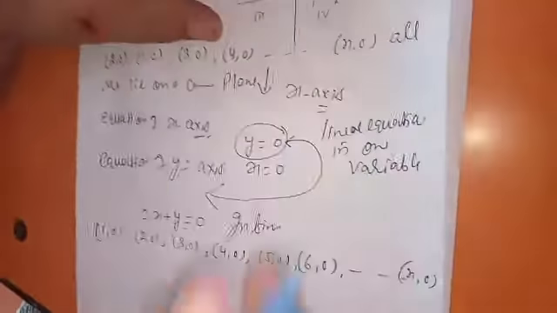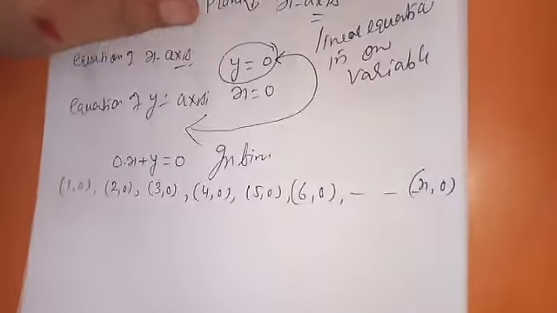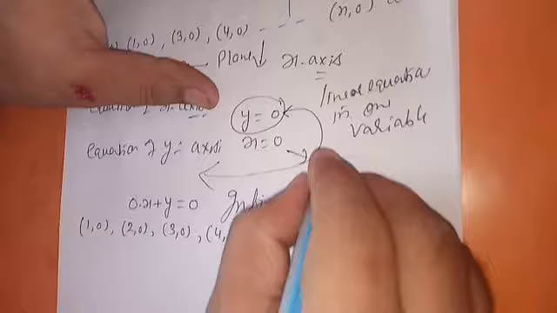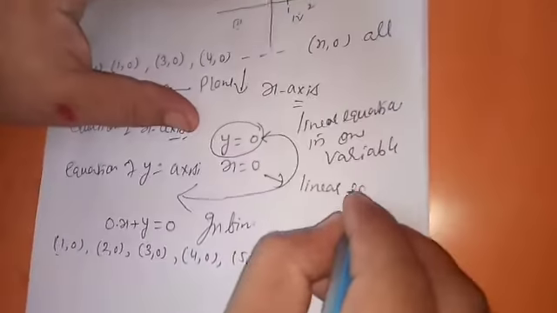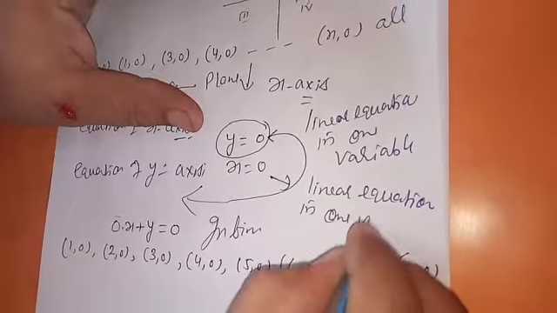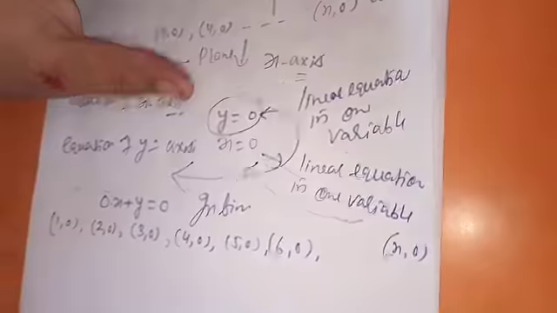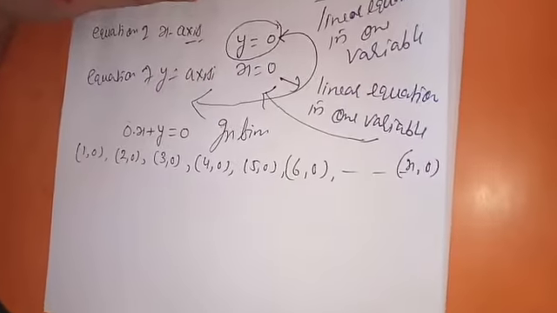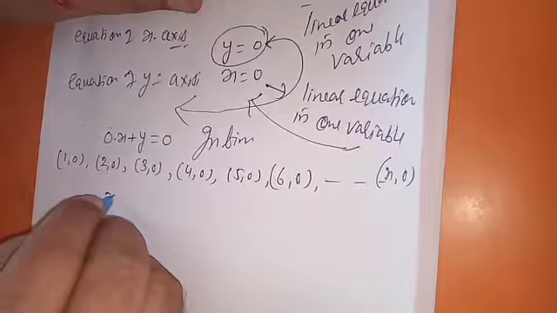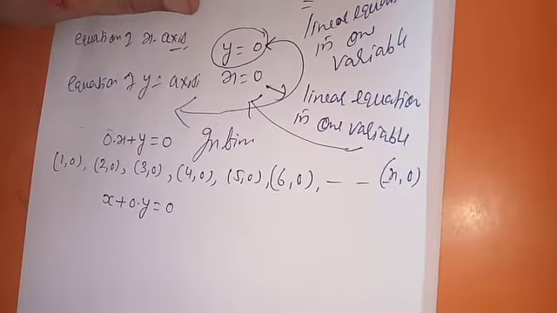So if in one variable it is only one solution, in two variables how many solutions? Infinite solutions. Similarly, x equals 0 is also a linear equation in one variable. And which is the variable here? x is the variable here. If anybody says express this linear equation in one variable into two variables, you can write x plus 0 into y is equal to 0.